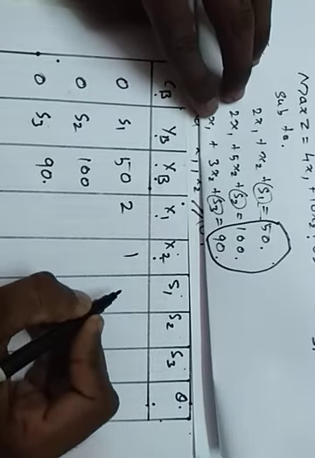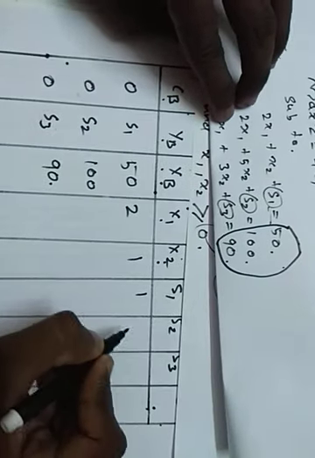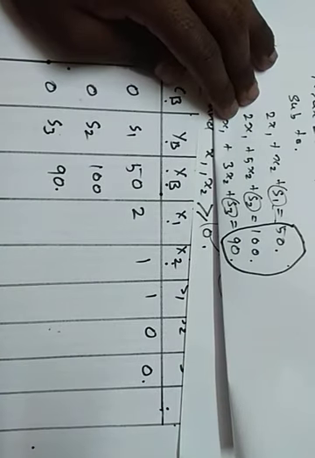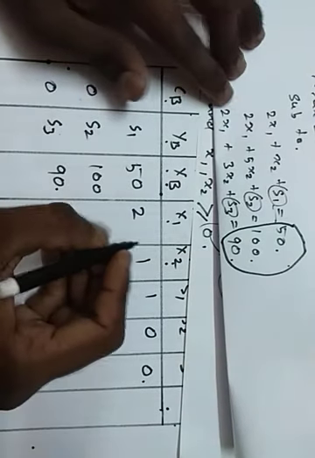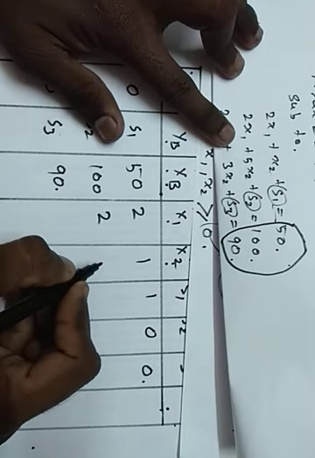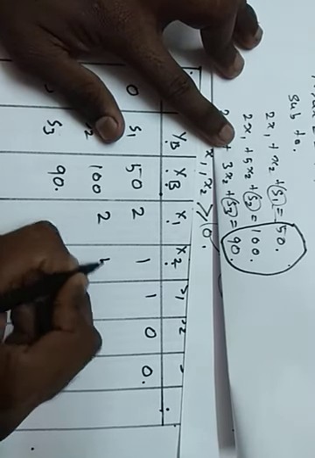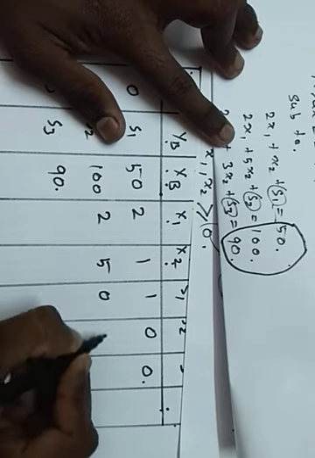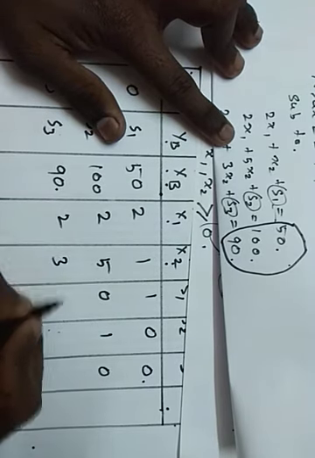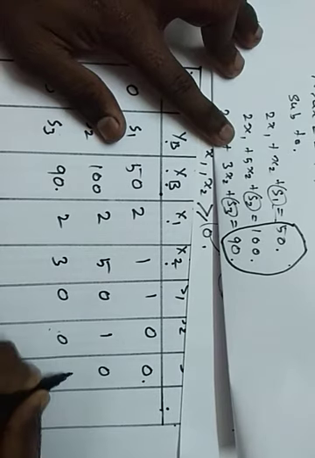You see here, S1. So in the first equation, S1 is available, so we can write 1 in the S1, S2 is not available, 0, 0. And second equation, 2, 5, 0, 1, 0. Third equation is 2, 3, 0, 0, 1.